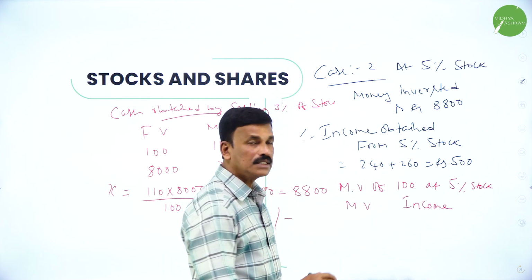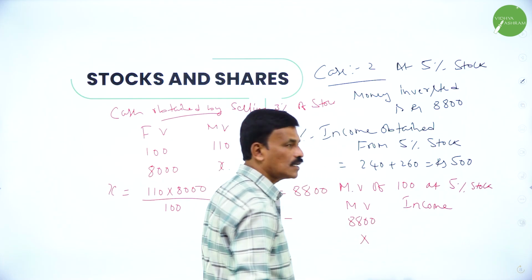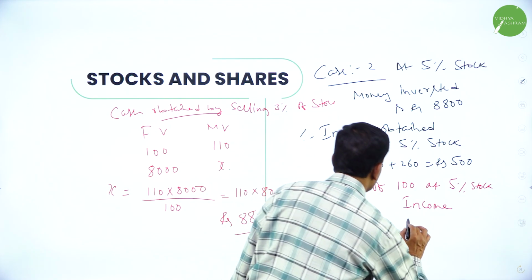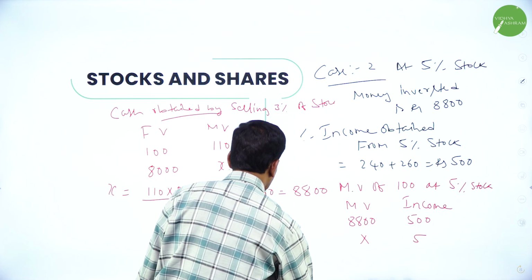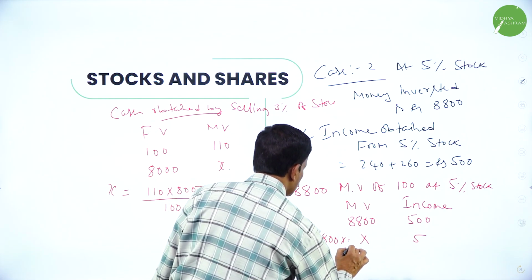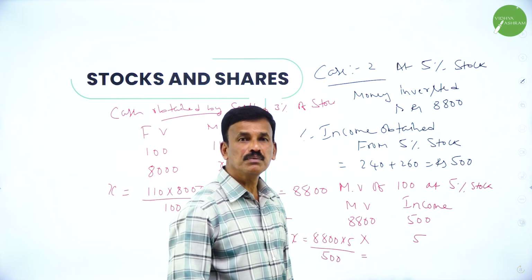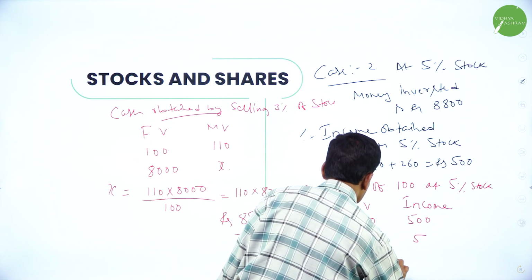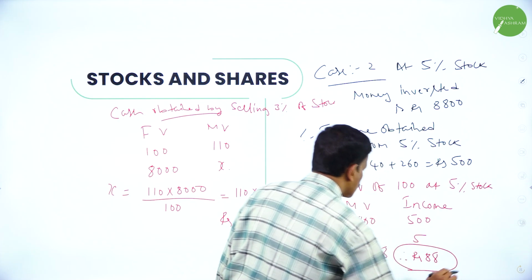The market value here is 8,800 and X, and the income is 500. Now simplify this. Therefore X is equal to 8,800 into 5 divided by 500, that's equal to rupees 88. So rupees 88 is the answer.